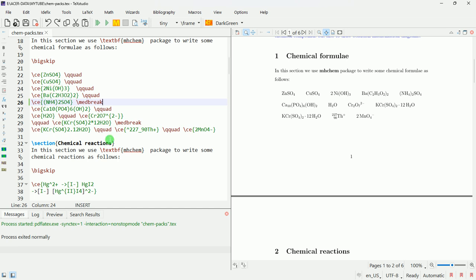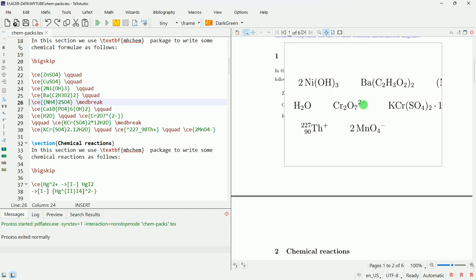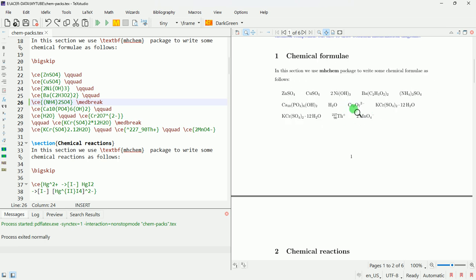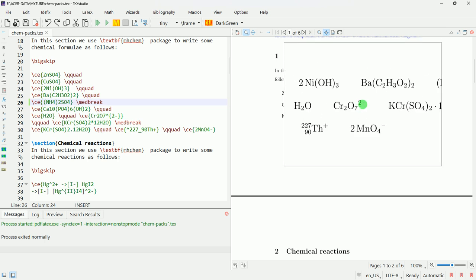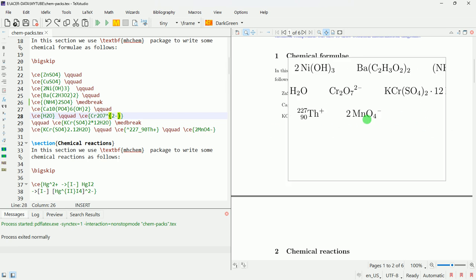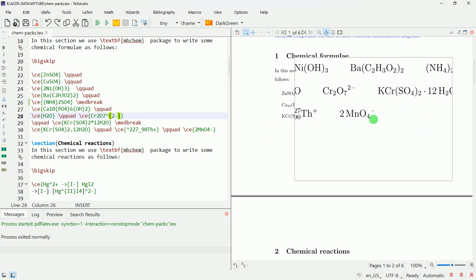So all these compounds, okay. Sometimes if superscript contains two things, for example, this Cr2O7, then 2 minus is appearing as superscript. So here, for 2 minus, a hook has to be used. But if it is a single minus sign, so here you see 4 is going down in MnO4, 4 is going down and minus is going up.